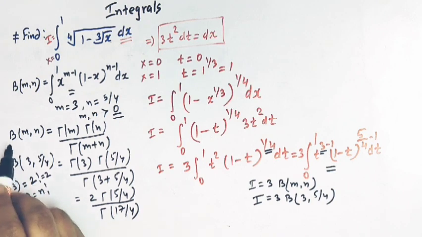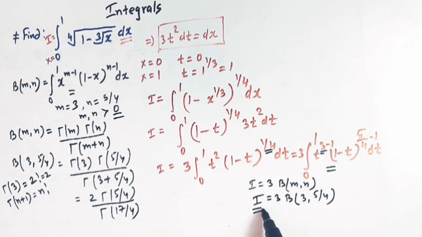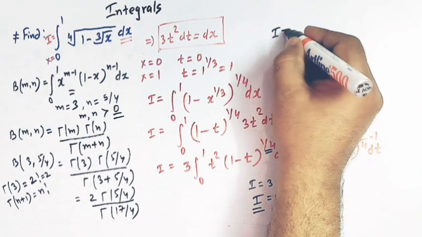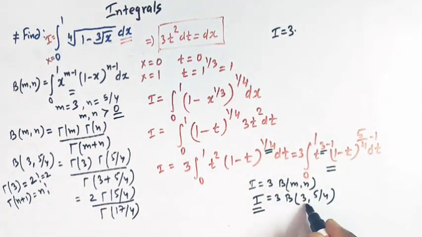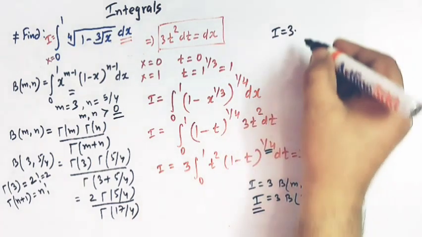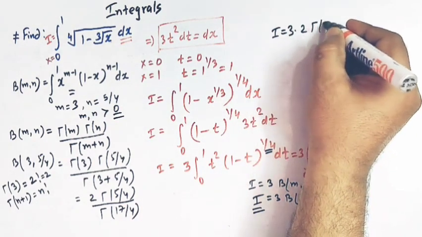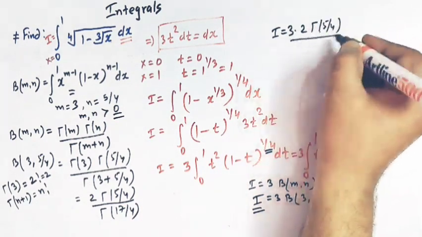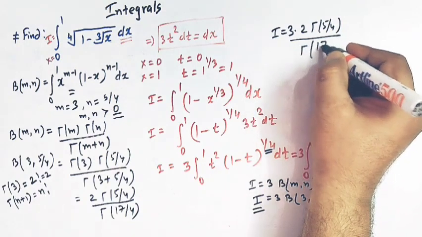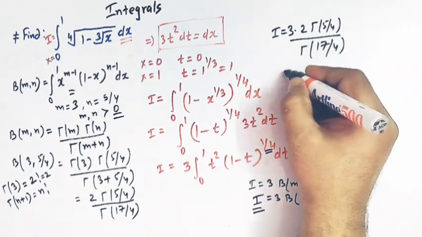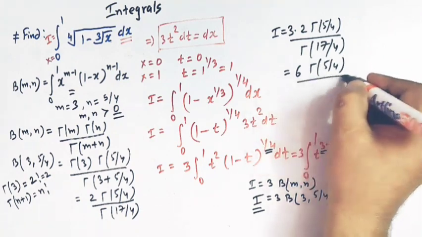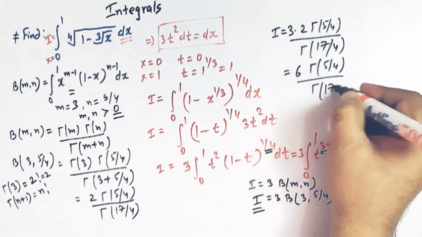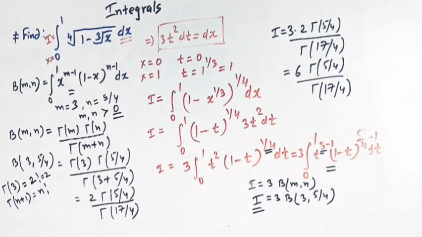So now we can write this integral I as 3 times beta 3 comma 5 by 4, which is equal to 2 times gamma of 5 by 4 over gamma of 17 by 4, right? So this is 6 times gamma of 5 by 4 over gamma of 17 over 4, right?